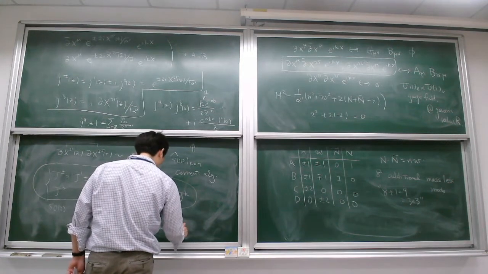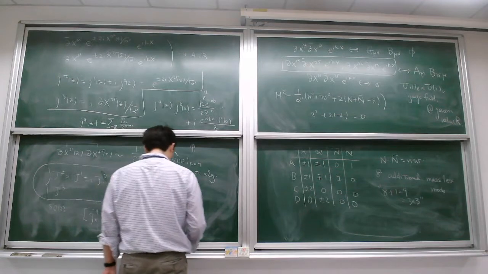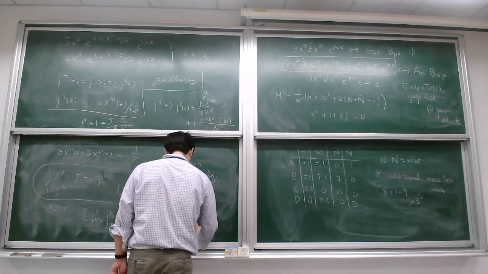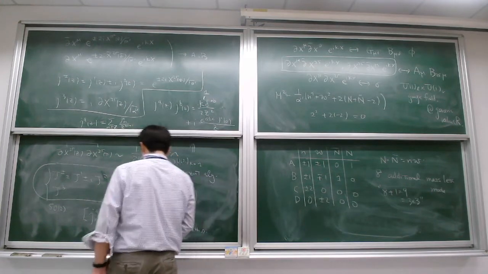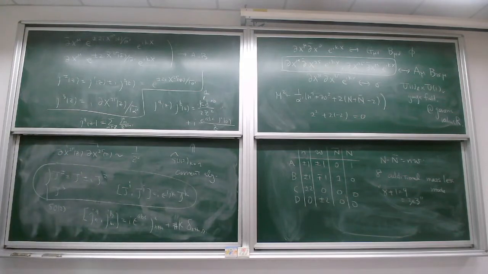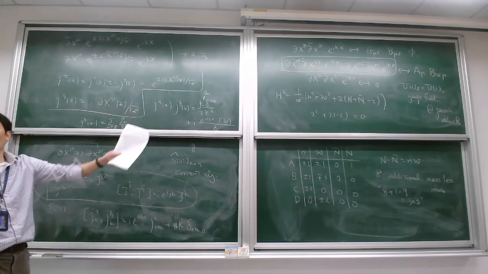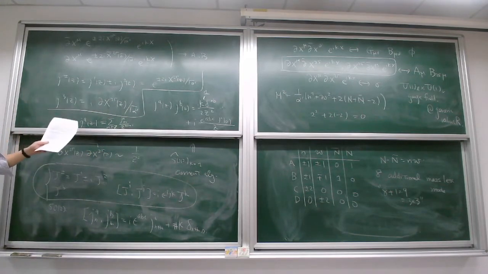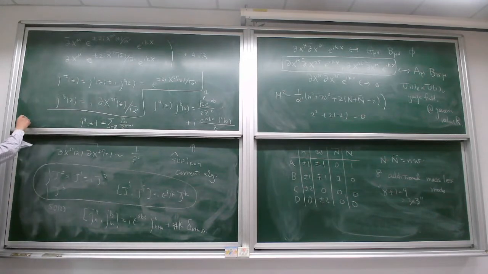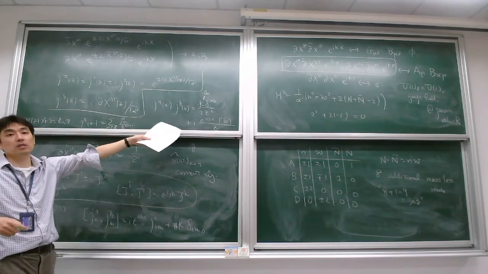I already forgot. I'm not very good at this, as you already noticed. We have a current algebra like this. To derive it, this JJ OPE comes really from the OPE between the free bosons. X(z) X(0) is log z. If you use this OPE and just do the honest computation, you can derive this.